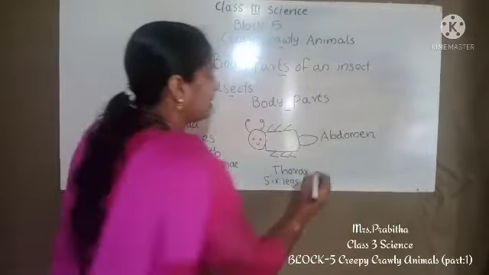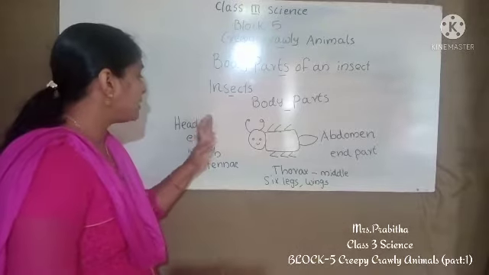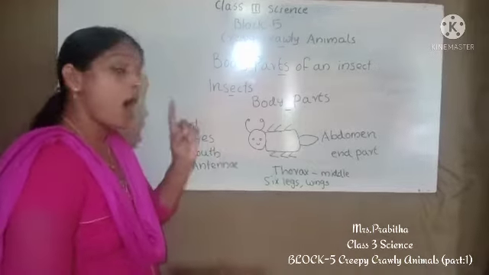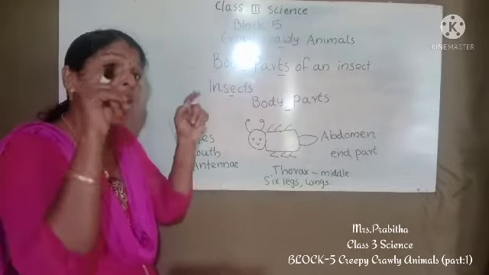So the thorax is the middle part of an insect and the first part is called the head. Okay, so I think it is clear. An insect's body is divided into 3 parts. The head has eyes, mouth and two antennae.